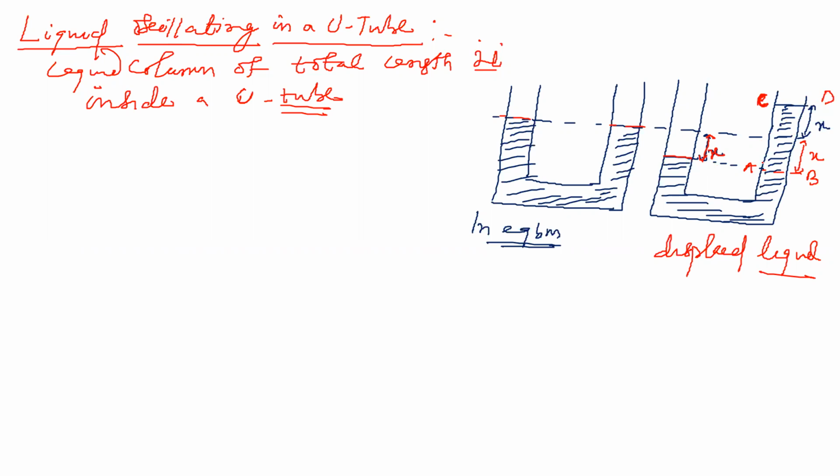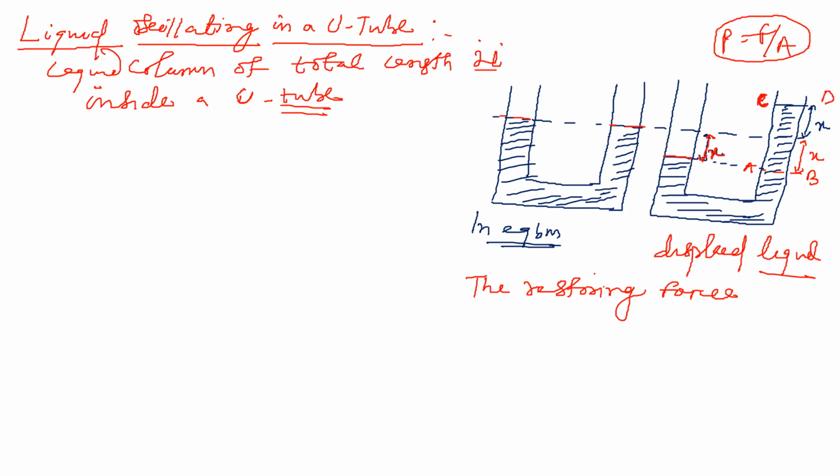Friends, consider a cross section A, B, C, D. Yes or no? The area is uniform throughout. So the restoring force acting on the liquid is what? Excess pressure due to the column ABCD. Students, here the restoring force, right? Pressure is equal to force by area, na? So force means pressure into area.